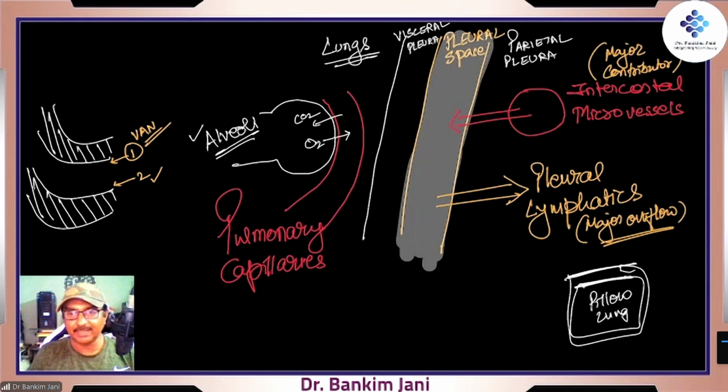So our understanding now becomes much easier. If we want to increase the fluid over here, either we tell these intercostal microvessels to send more fluid, or we create a condition in which less fluid is going out. Easy, right? Either we increase this or we decrease this.